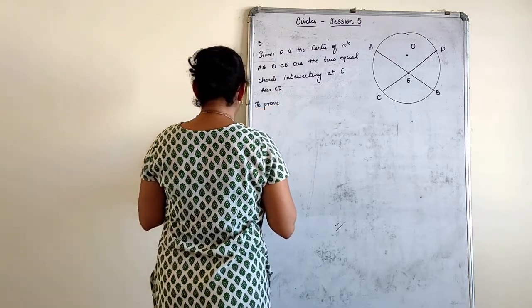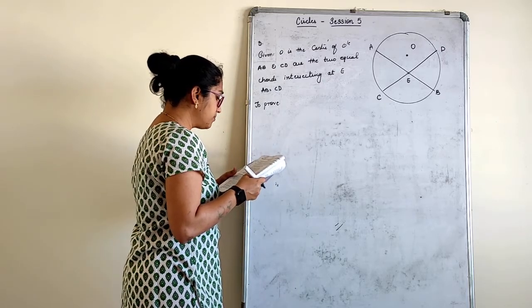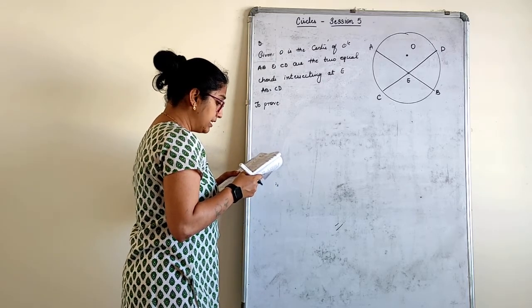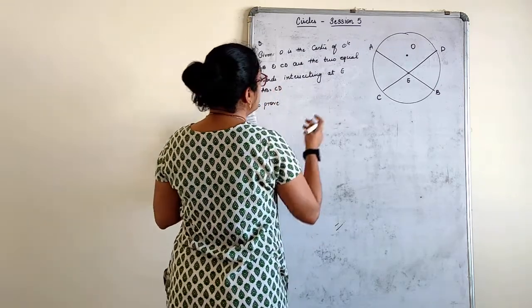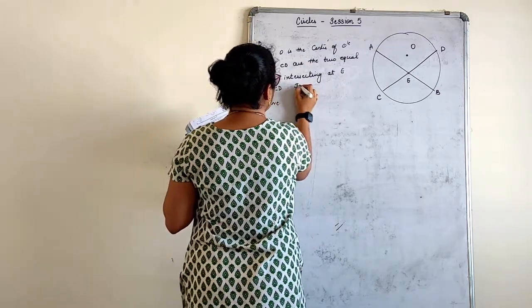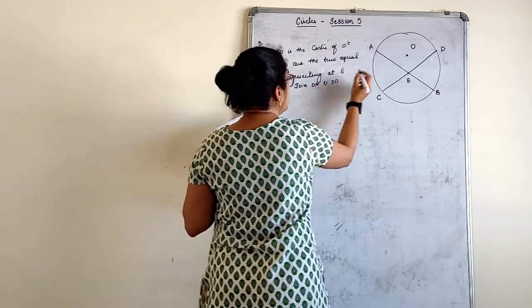Two equal chords of a circle intersect. Prove that the line joining the point of intersection to the center makes equal angles with the chords. So actually here, the only construction we have to do is join OA and OD.